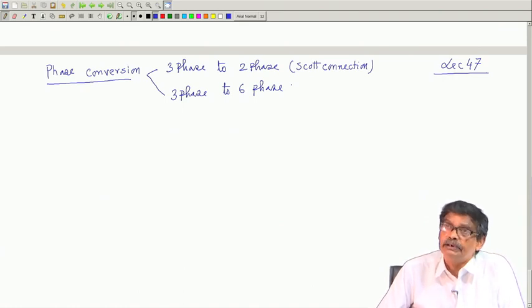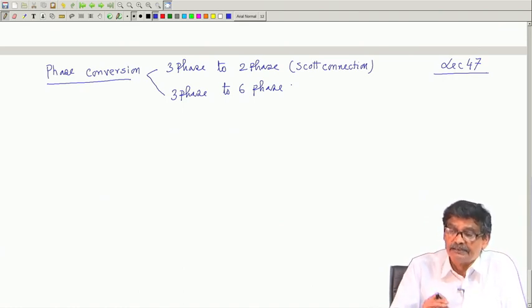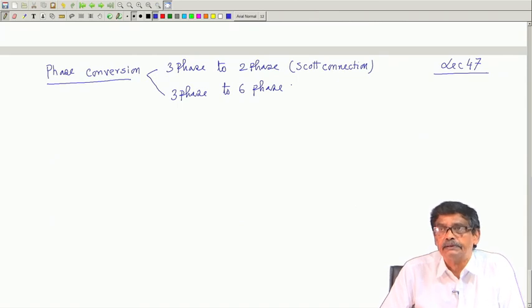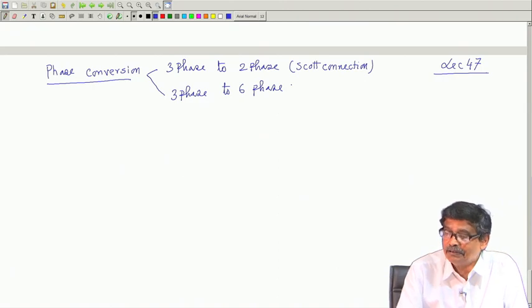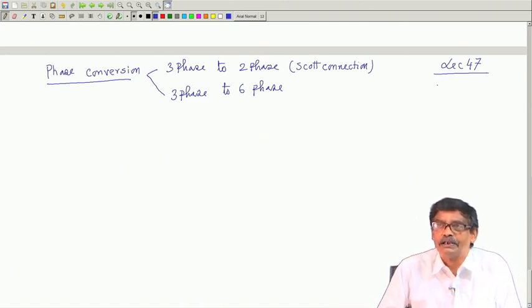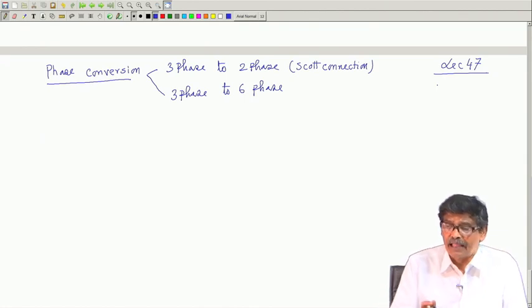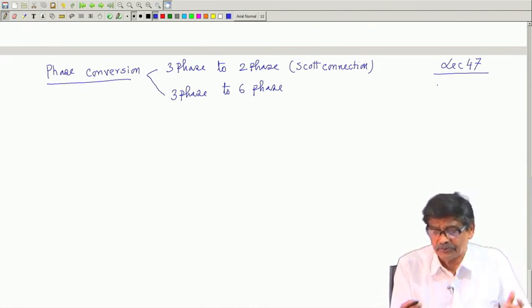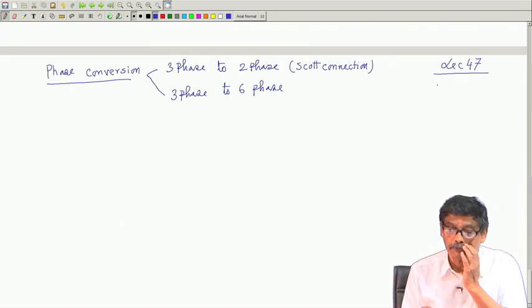But if you increase the number of phases for AC to DC conversion using diodes, 6 phase will always be better. You will get better DC, since the ripples come every 60 degrees, not 120 degrees. Anyway, I will just tell you how to do 3 phase to 6 phase.